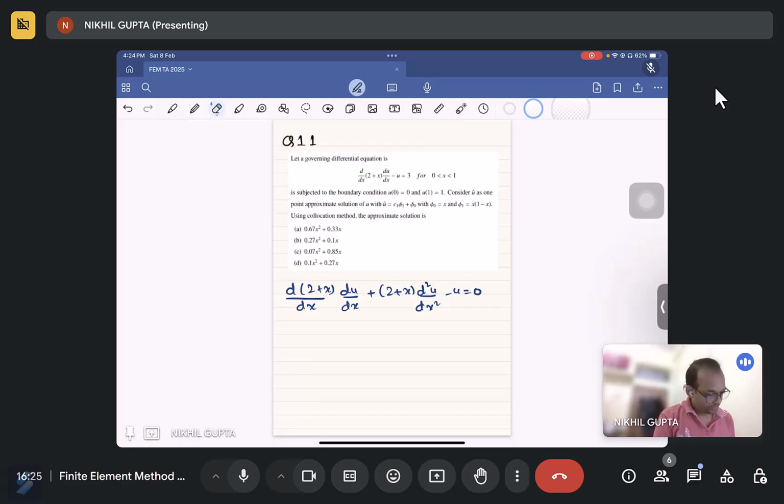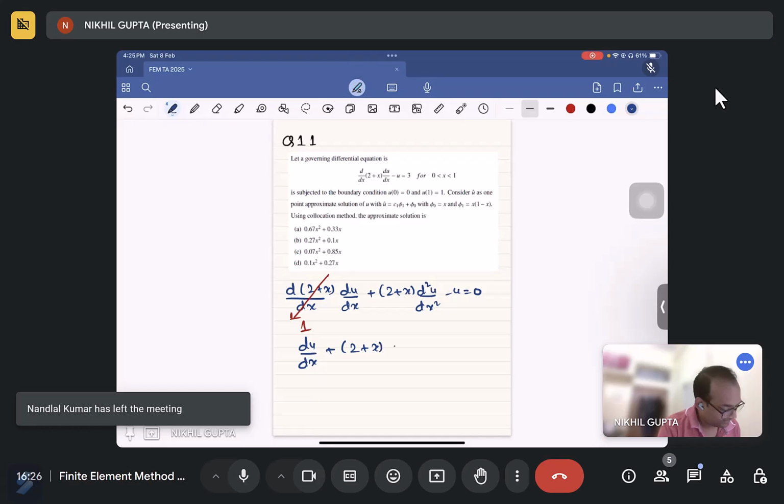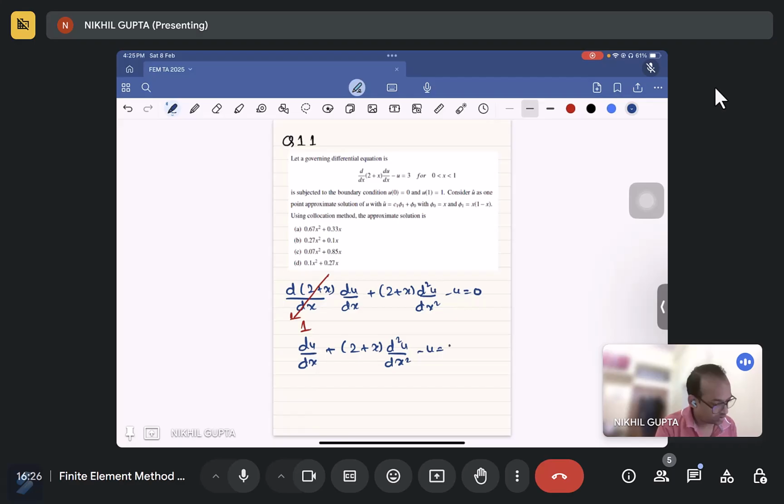If you differentiate this, this will go to 1. It is equal to 1, not 0. Now you can write your equation as du by dx plus 2 plus x d2u by dx square minus u equals to 3.